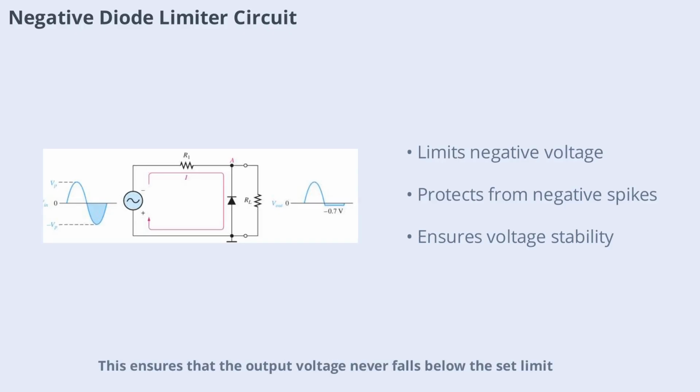This ensures that the output voltage never falls below the set limit, safeguarding circuits from negative voltage spikes. The diagram illustrates the configuration, showing how the diode is oriented to block negative voltages. Understanding both positive and negative limiters is crucial for designing circuits that require precise voltage control.